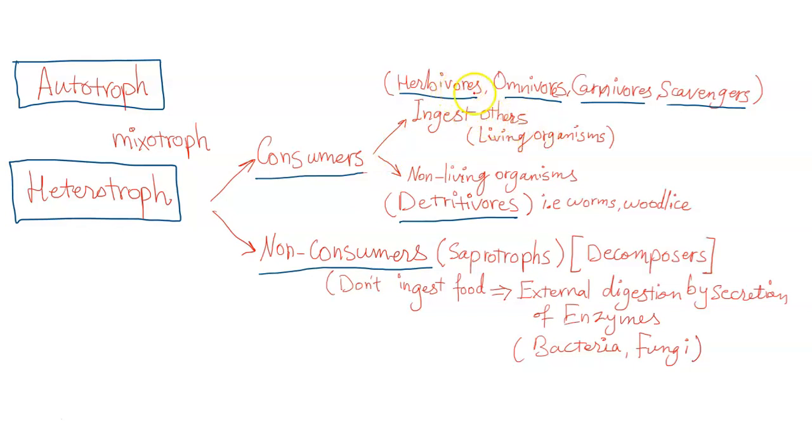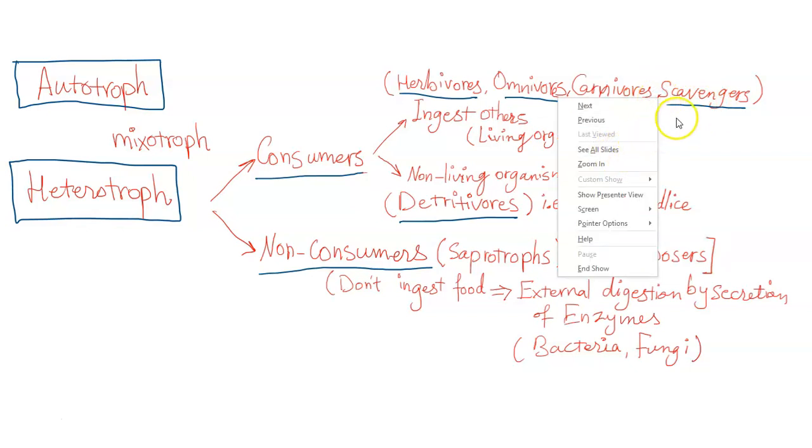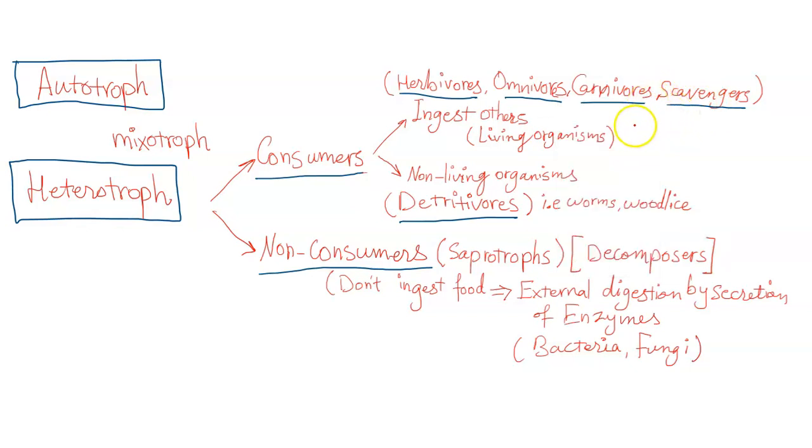Consumers are herbivores if they are eating plants. Omnivores eat both plants and animals. Carnivores eat only meat or animals. And a scavenger is a special type of animal that we categorize as scavengers.